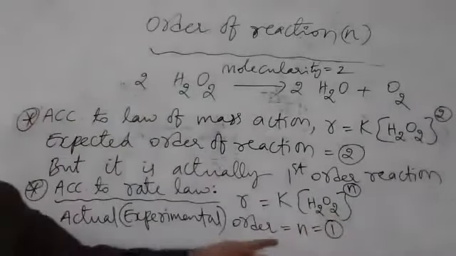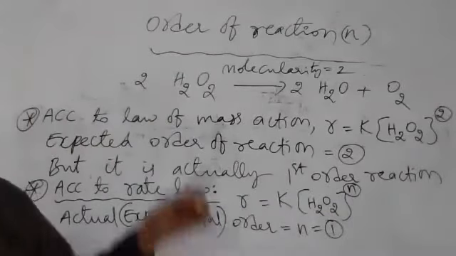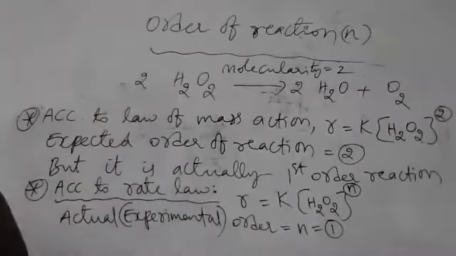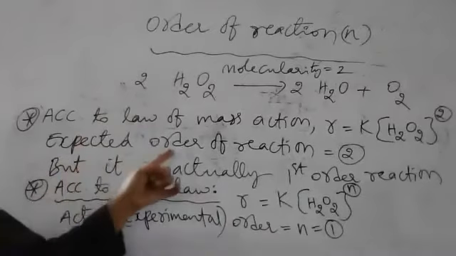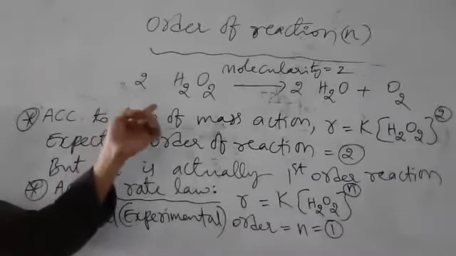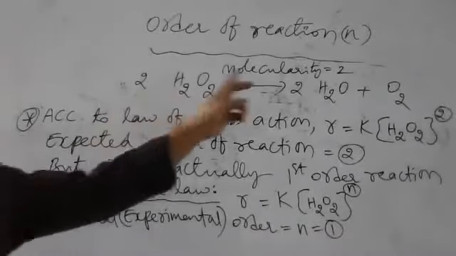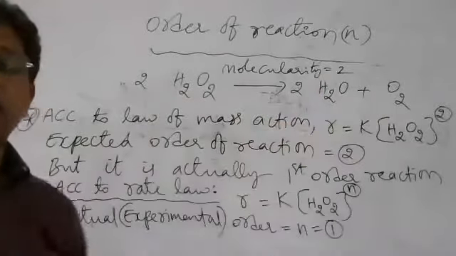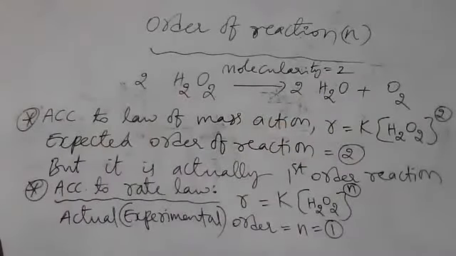So it is a first order reaction, but it appears to be second order. The expected order is 2, but the actual order is 1. So the decomposition of H2O2 into water and oxygen is an example of a first order reaction. Is that clear? Take a screenshot of this.